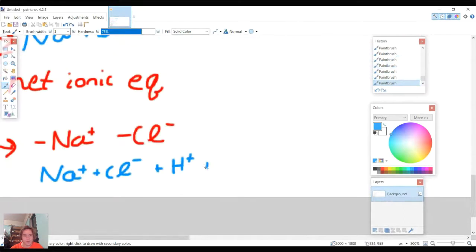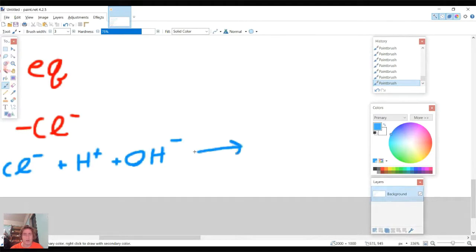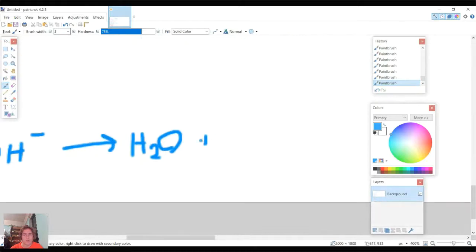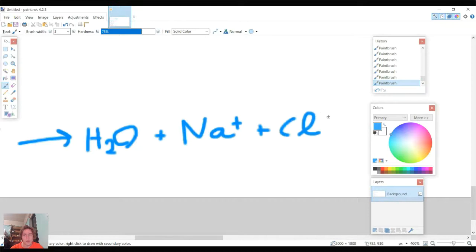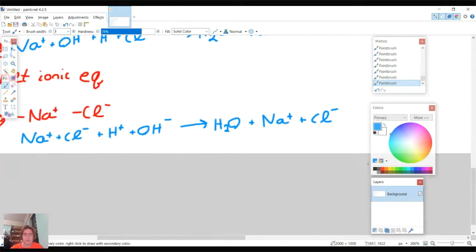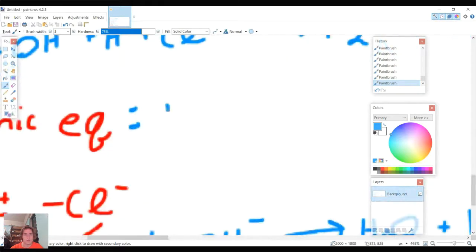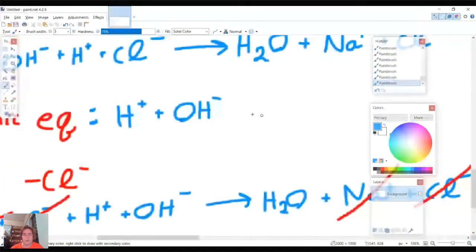I sort of messed with the terms there, but it's going to end up looking more intuitive anyway. When we subtract on both sides, this goes away, this goes away, that goes away, that goes away. And our net ionic equation is just a simple H plus plus OH minus yields water.